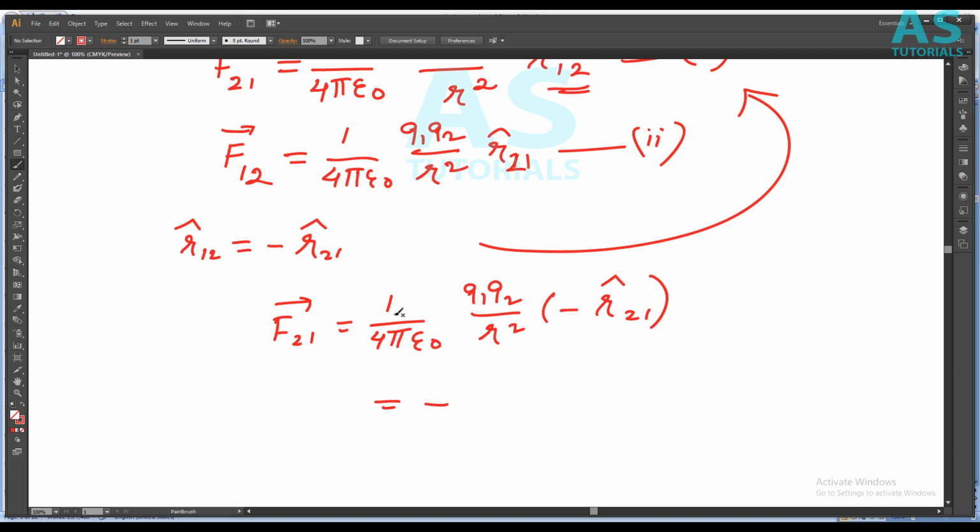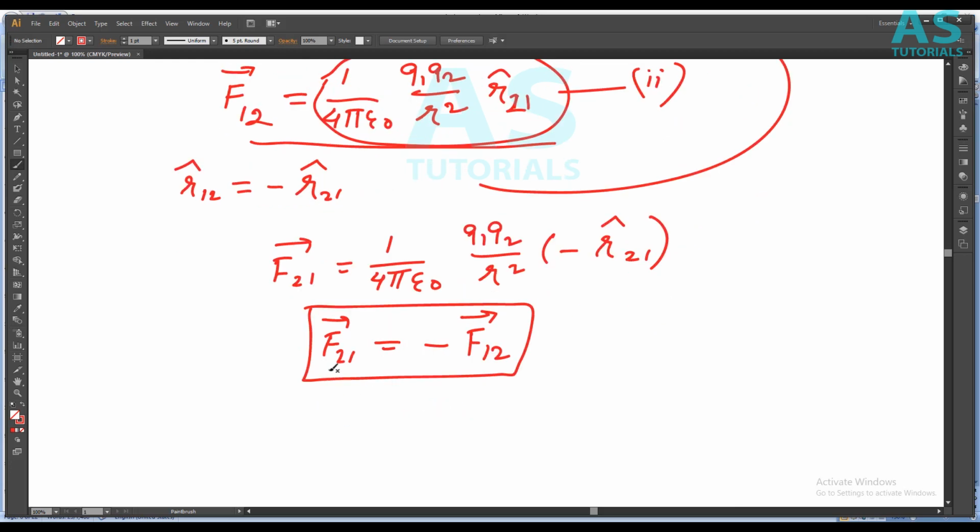Let me write negative first, and this is 1 divided by 4 pi epsilon naught Q1 Q2 divided by r square, and r21 hat, exactly the same as equation number 2. So I write this negative sign here, and the rest, this term, I substitute this F12 vector here. So this is Newton's third law of motion.